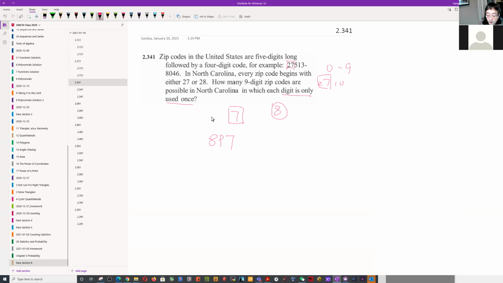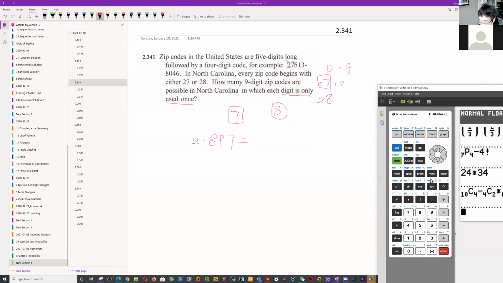Then because you can begin with either 27 or 28, 28 will be totally different from this. So basically it needs to be multiplied by 2. So it's going to be a relatively big number, so I'm also going to use the calculator.